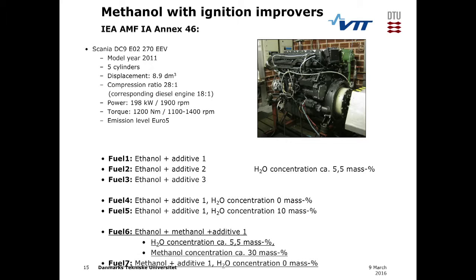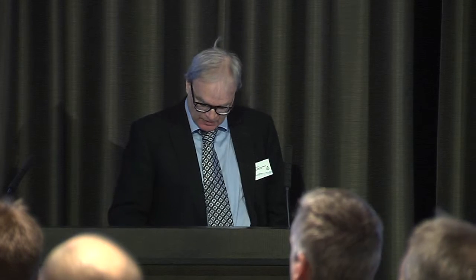But fuel 6 is actually a combination of ethanol and methanol and the additive, and fuel 7 is pure methanol with the additive and zero water content. This is a Scania truck engine, production engine, with a very high compression ratio of 28:1.